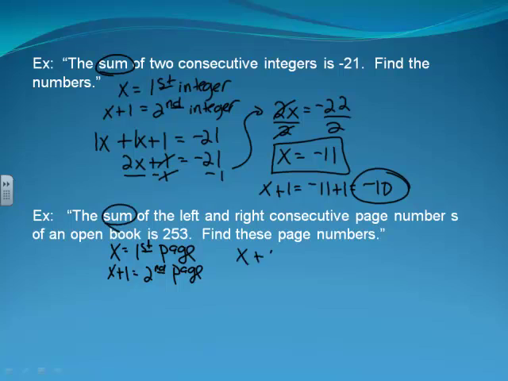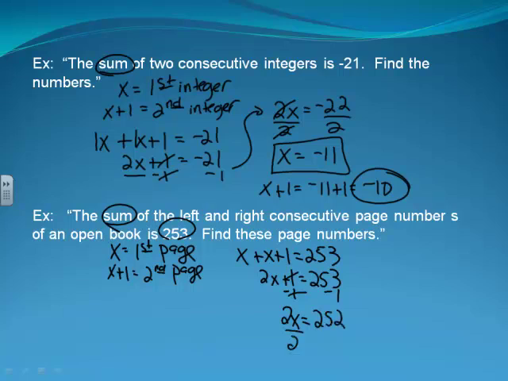So x plus x plus 1 is equal to 253, so says the problem. Combine like terms. x plus x is 2x, plus 1 is 253. Subtract 1 from both sides. We've got 2x is equal to 253 minus 1, which is 252.